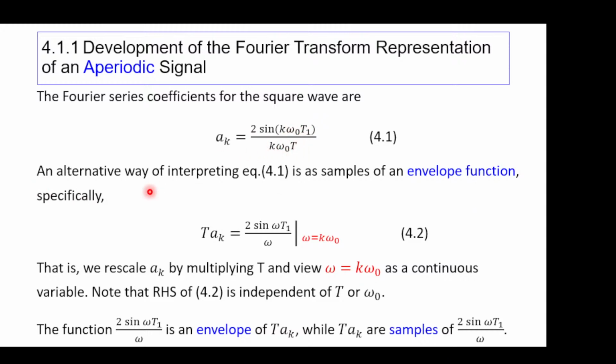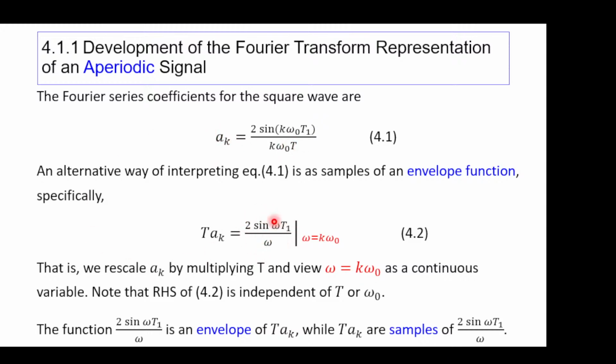We can combine k omega naught as omega, because k omega naught is the frequency of the complex exponential associated with your a_k. Remember, this a_k multiplies e to the j k omega naught t. So we combine k omega naught into omega, and we move the T over.